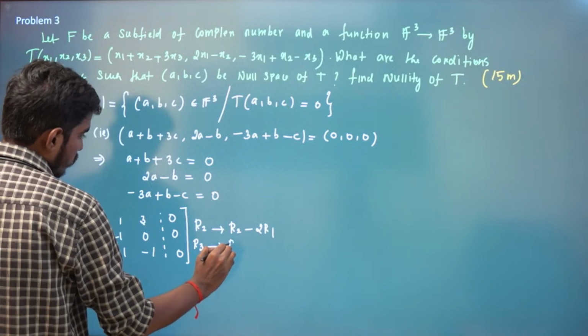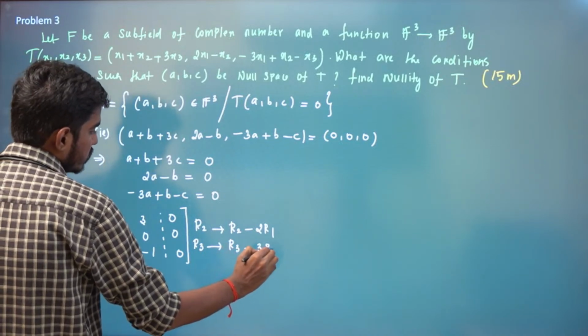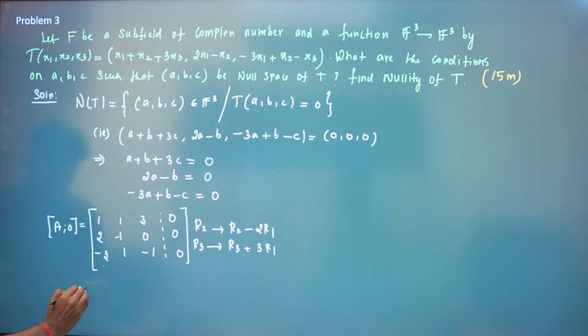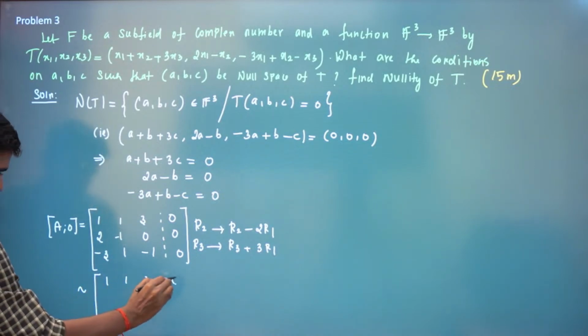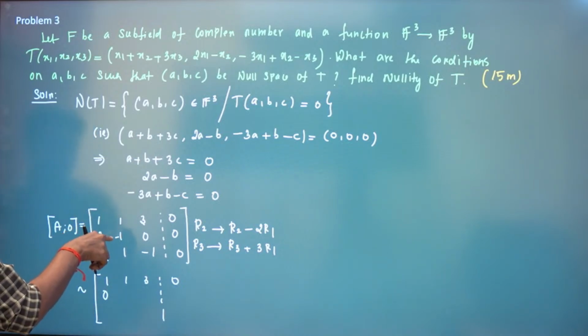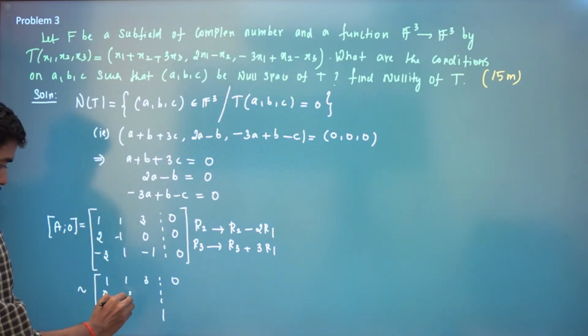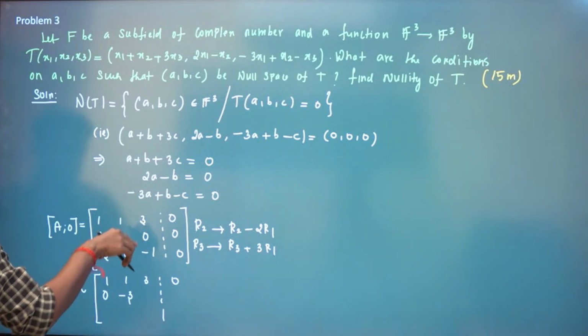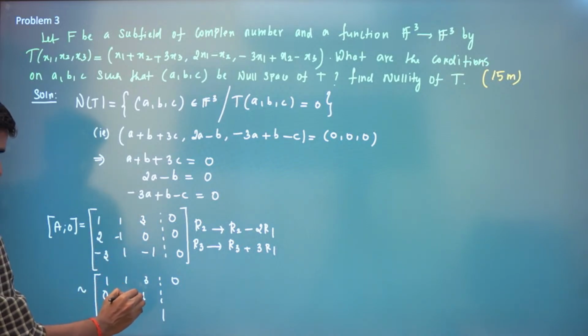R3 is transformed to R3 plus 3 times R1. So this is equivalent to 1 1 3 0. You multiply by 2 and then you subtract. So -1 minus 2 will be -3. You multiply 2 and then subtract, it will be -6.